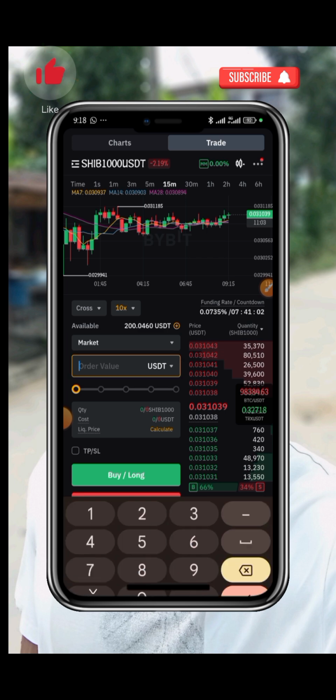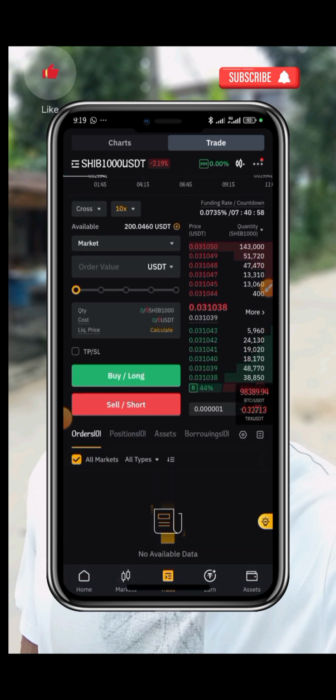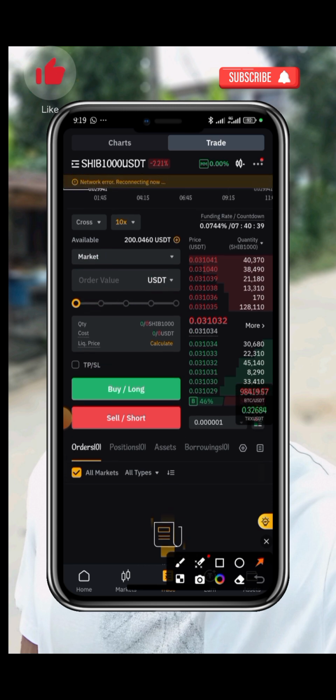Now look, this part is very, very technical. If you look into this box, that is where all the magic happens, and that box has to do with whatever you type in here. So now let's start from the beginning.